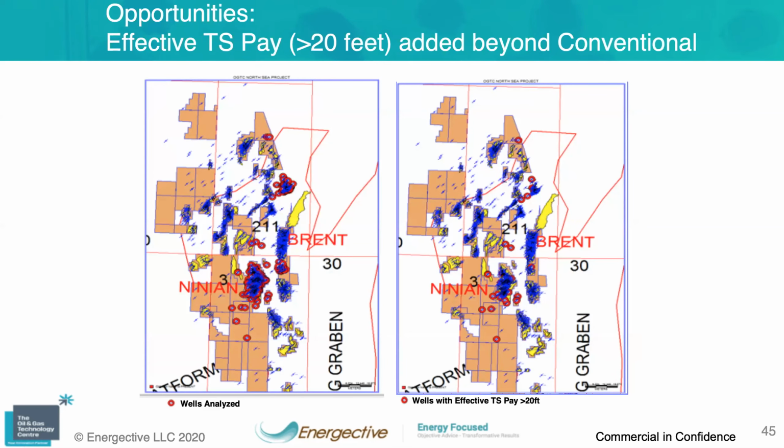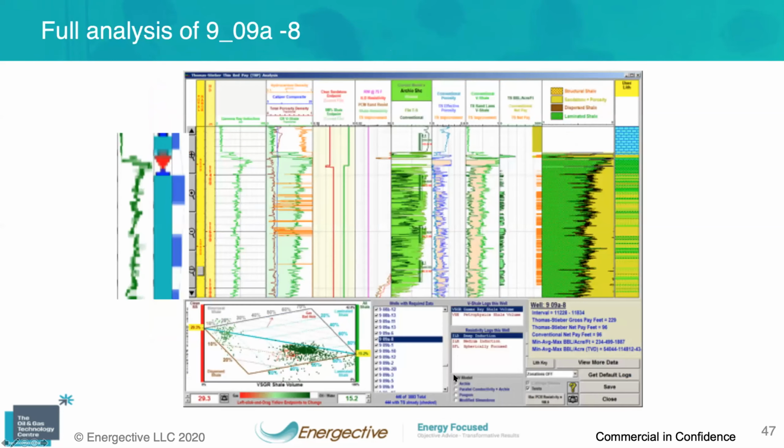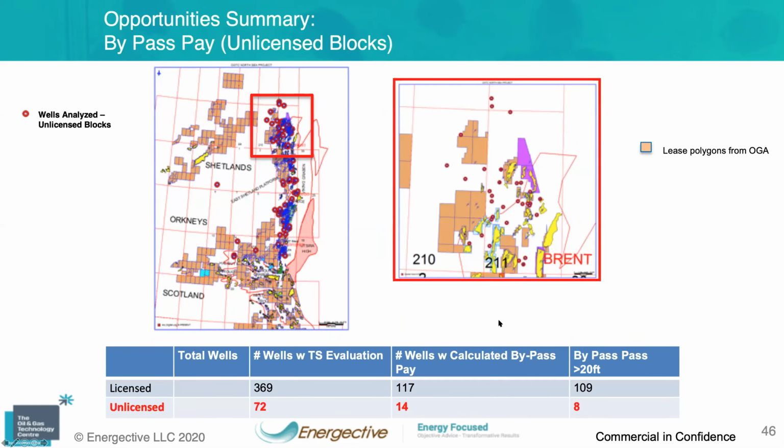The red dots are the areas that have been identified, and these here are the wells with effective Thomas Steiber pay over 20 feet. Sorry. Okay. We looked at licensed and unlicensed. So a large majority of our wells with bypass pay greater than 20 feet are in licensed blocks.